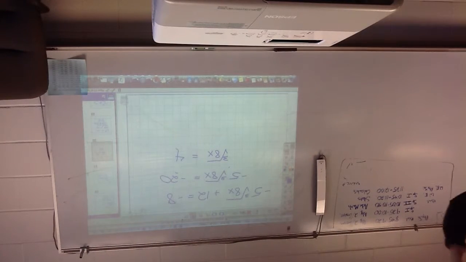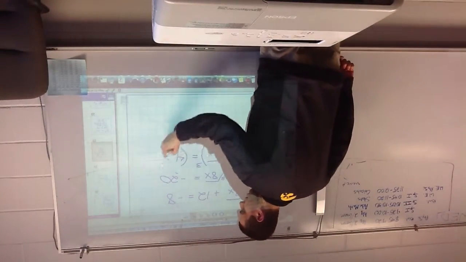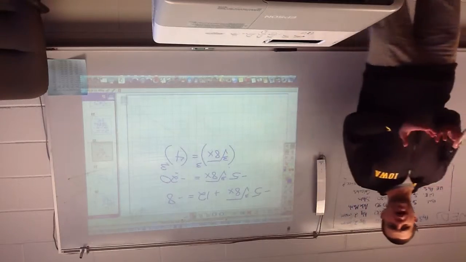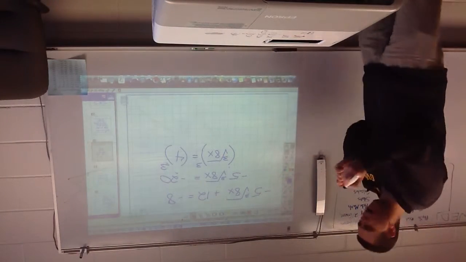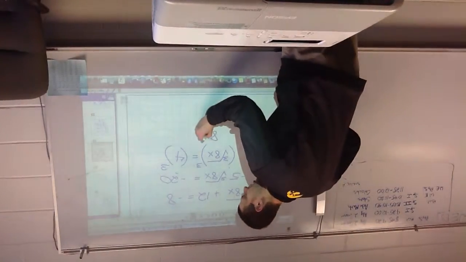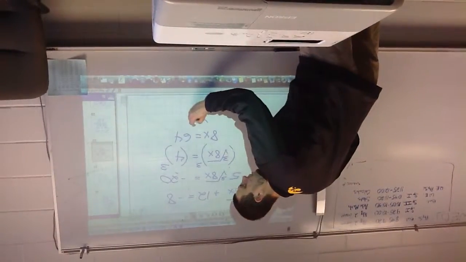Raise it to the third power, or cube it, right? When I cube a cube root, all that would be left is what? The 8x. Yep, whatever is underneath that radical symbol. So now I have 8x equals 64, x equals 8.